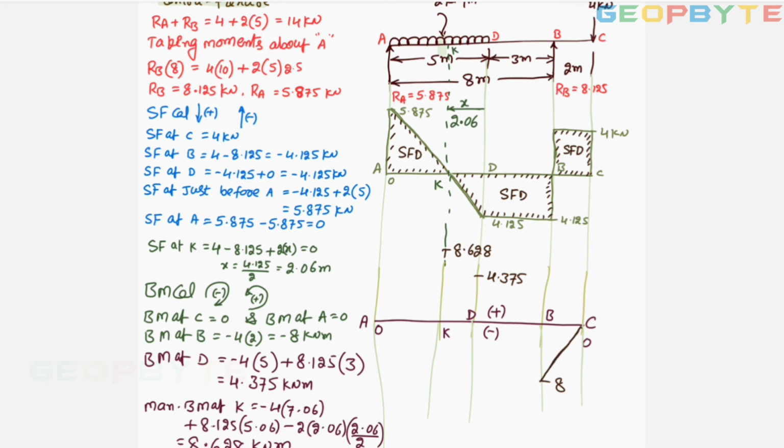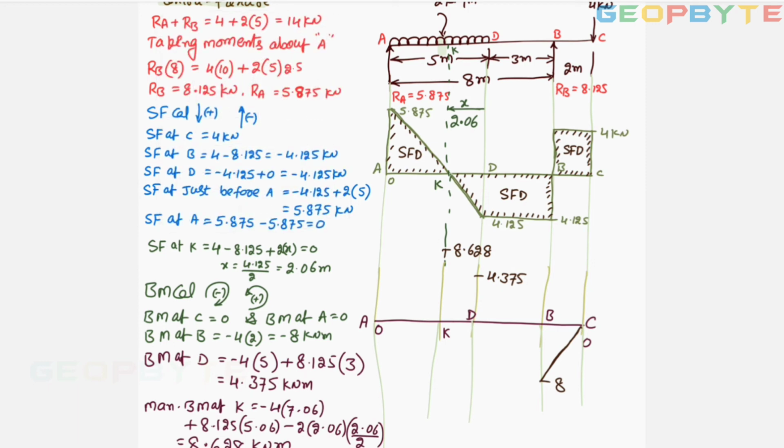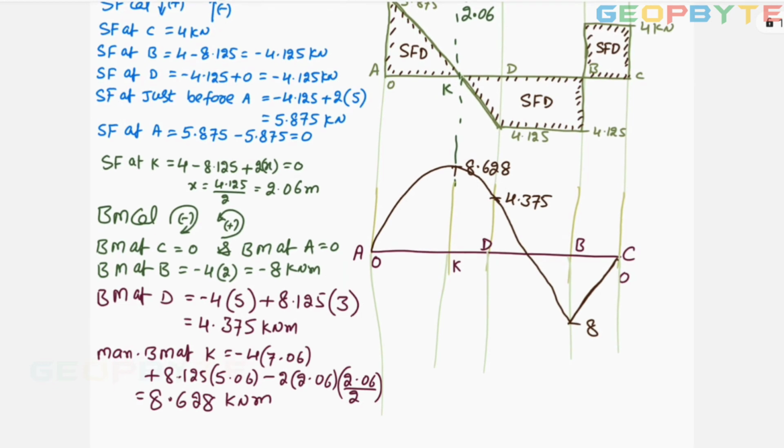Under UDL, it is parabolic variation. Under point load, straight line variation, like this. Under UDL, it is parabolic. In between A and D, UDL, like this, parabolic variation.